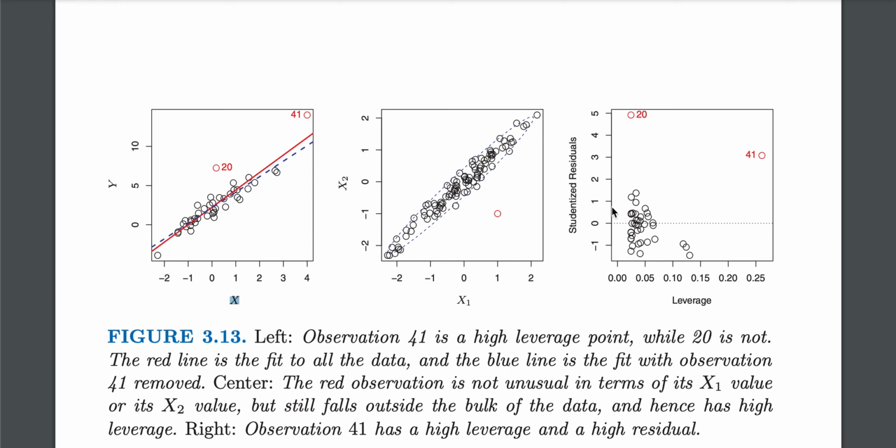And if you plot leverage and studentized residuals, we can identify 20 as an outlier and 41 as both an outlier, because the studentized residual is greater than 3, but also a high leverage point. Now, what does it mean to have a high leverage? Well, in order to answer that question, we need to first define what is leverage.